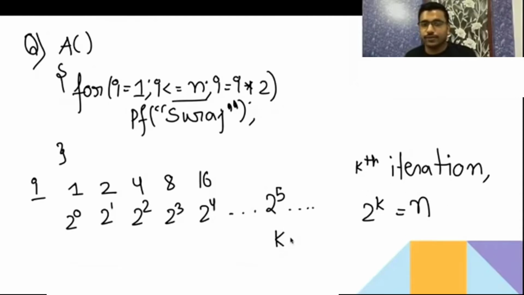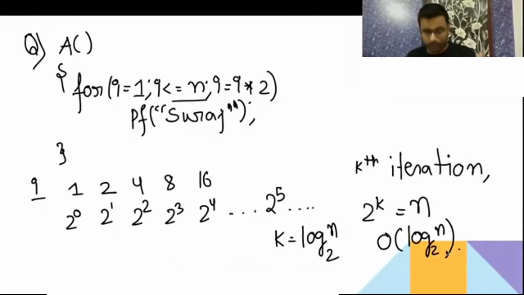You can take log on both sides, and you are going to get log n base 2. After that, in the (k+1)th iteration, it will go out of this for loop. So the total time complexity is log n plus 1, but asymptotic-wise you can say that it is going to be log n base 2. Okay, so base 2 is important.